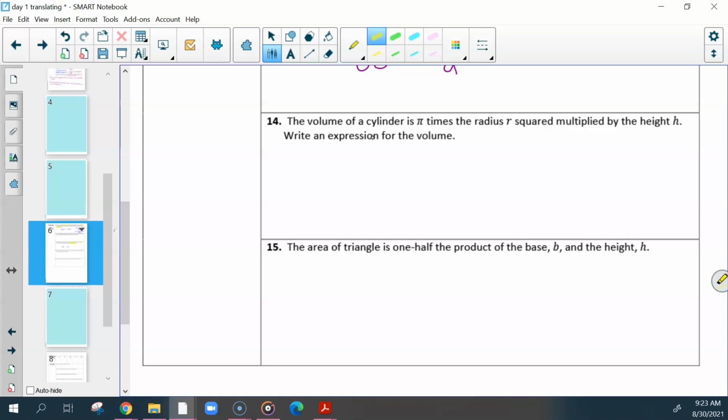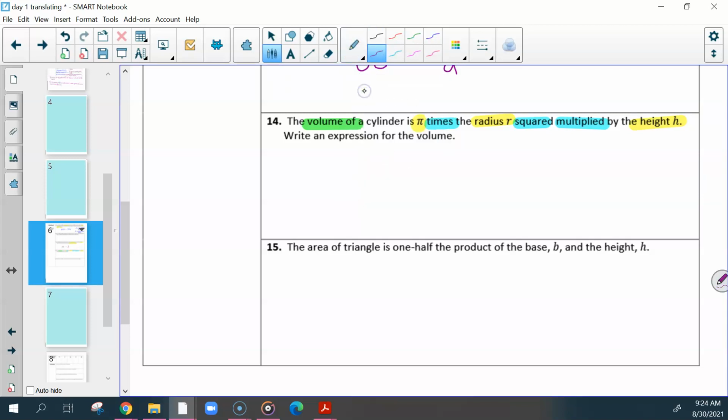So, we're looking at the volume of the cylinder, we're using pi times the radius, which is our r variable, that is going to be squared, multiplied by h. And we're looking for the volume.